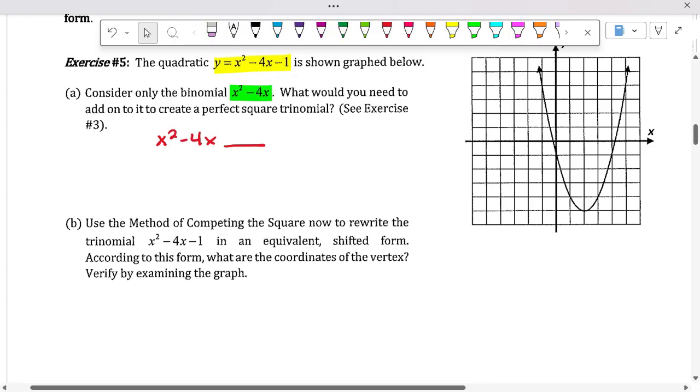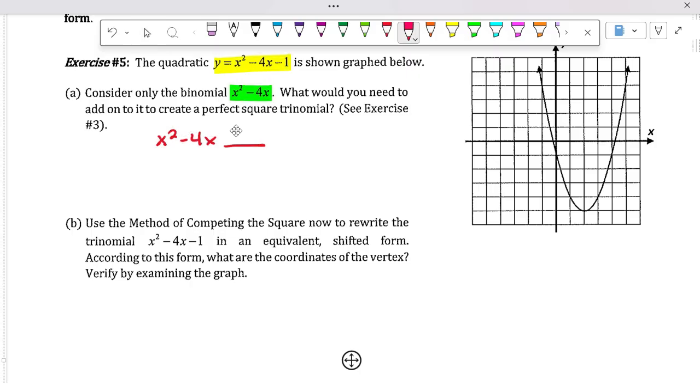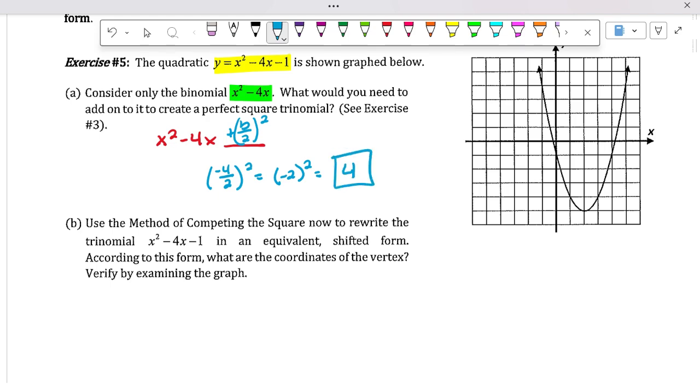So that's exactly what we do here, even though it's a negative 4. All we got to do is just add b over 2 all squared. So I would do negative 4 divided by 2 squared. That's equal to negative 2 all squared. What's negative 2 squared? Not negative 4, 4. So that's what we need to add on to make a perfect square trinomial.